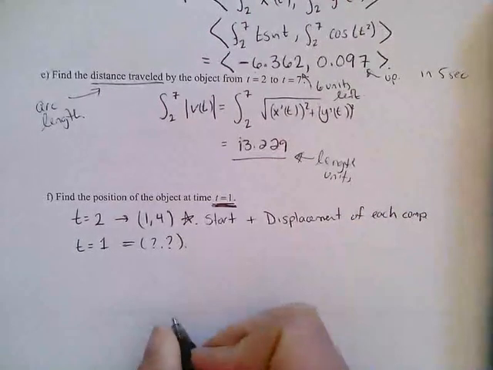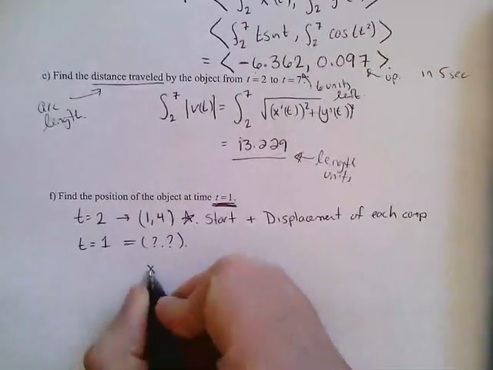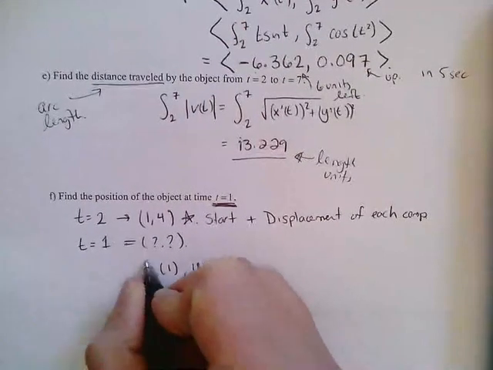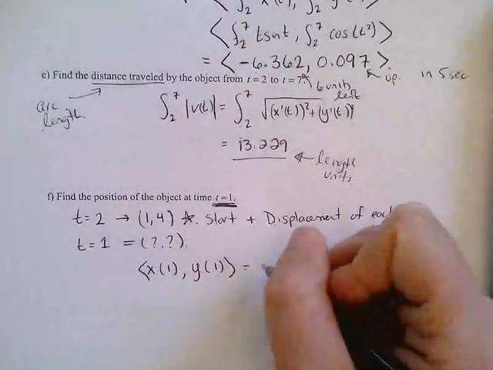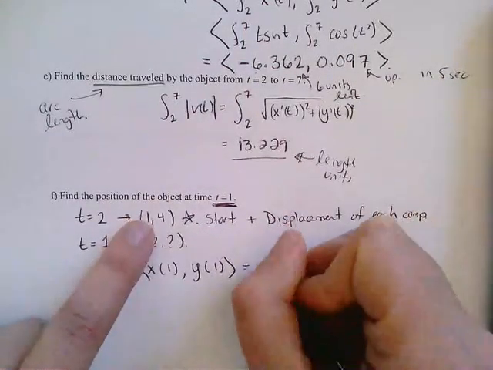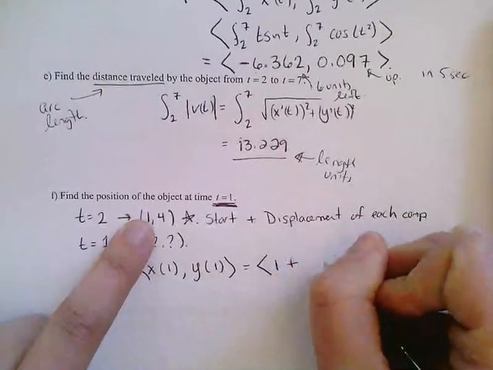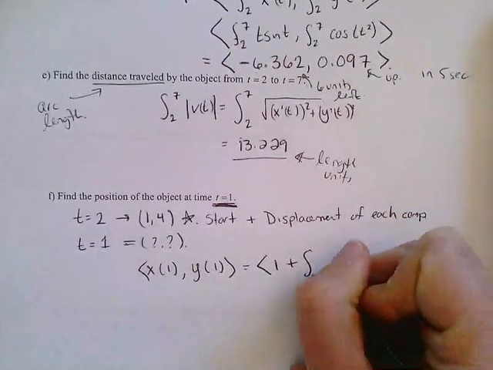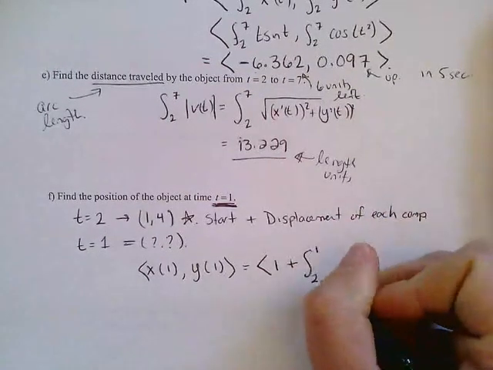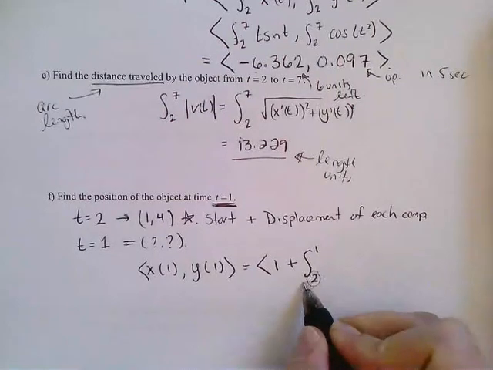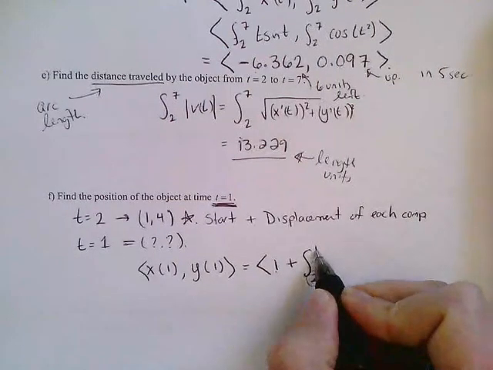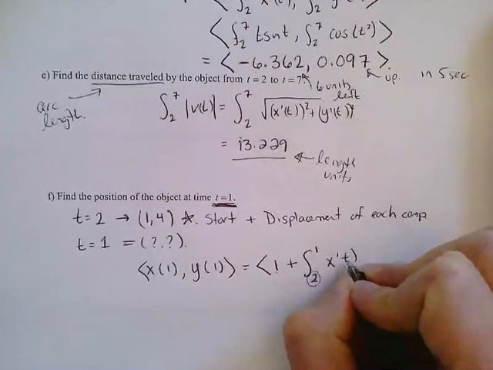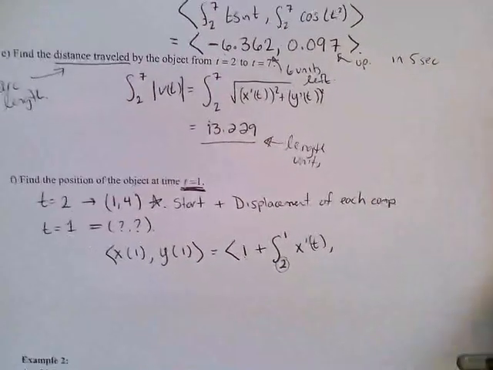based on its velocity. So basically, x of 1, y of 1 is going to be found by simply taking the start of x, which was at 1, and adding the integral from 2 to 1, because this is where it started and we are going to 1, so we're kind of going back in time, of the velocity function, and same thing for the y value.